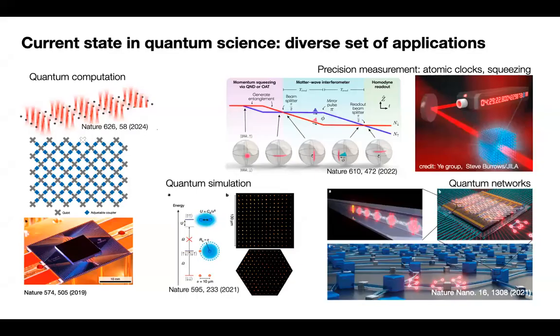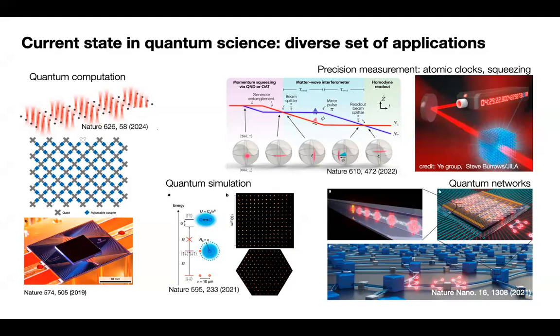If I think of what's going on in our field in the last few years or even decade, one thing that is very easy to notice is that there is a huge diversity in the goals or applications in quantum science and technology. Some of the applications range from quantum computation and quantum simulation to precision measurement or the development of distributed networks for information.